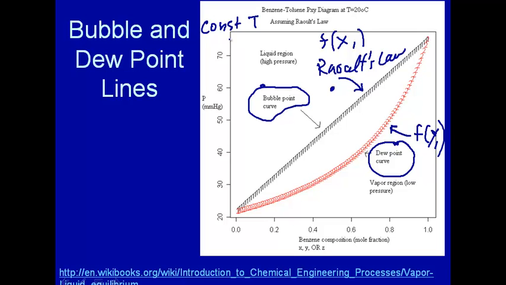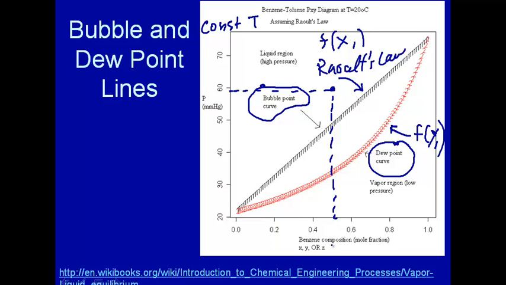We're reducing that to 2 degrees of freedom by holding temperature constant. So the 2 degrees of freedom are pressure and composition. Okay, so let's start up here at this particular pressure and at this particular composition. All right, so this would be about half and half. So you got half benzene and half toluene.